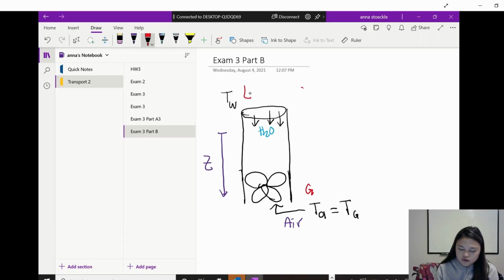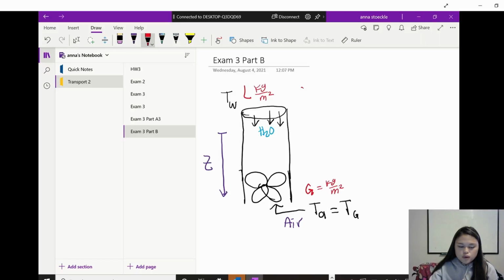This is the liquid flow rate, in kilograms per meter squared, and this is the gas flow rate, also in kilograms per meter squared. Then we also have the temperature of the water and the temperature of the air.